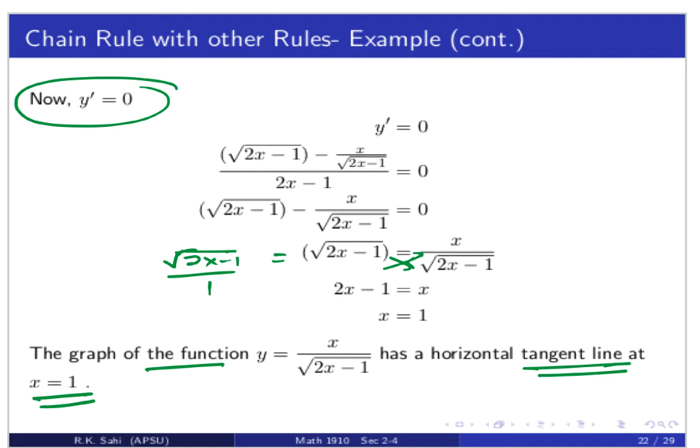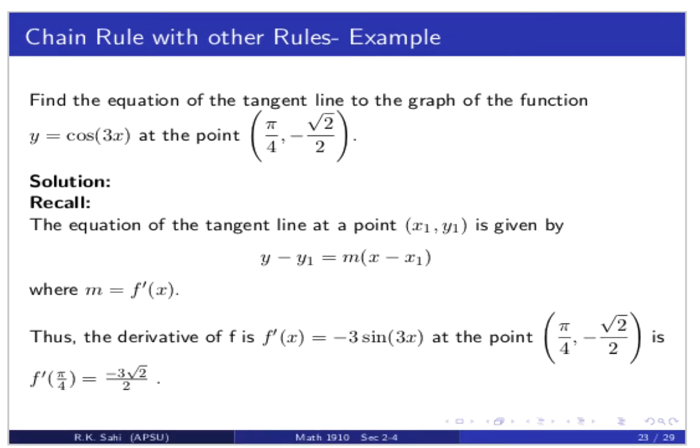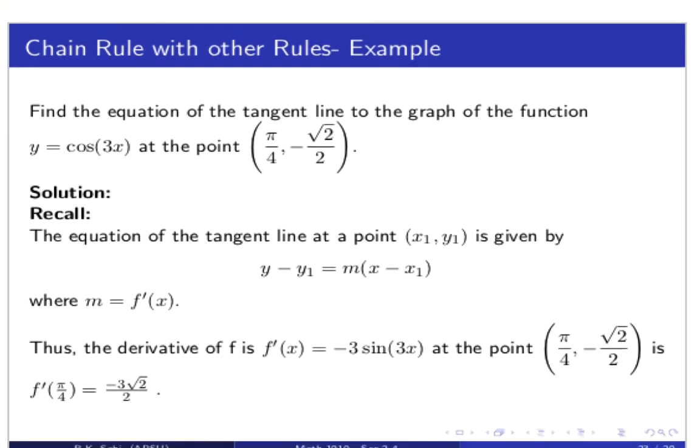As usual, we're going to find the equation of a tangent line. Now this is very important, guys. These kinds of questions will be coming a lot in the exams as well as in your homeworks. So, find the equation of the tangent line to the graph of this function y equals cosine 3x at this point. Now remember, the equation of a tangent line at a point is what?